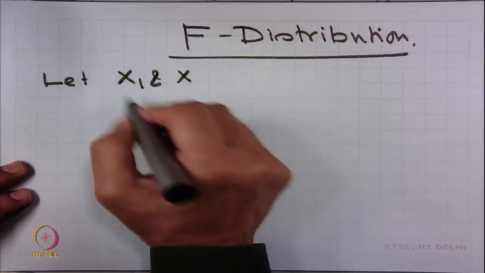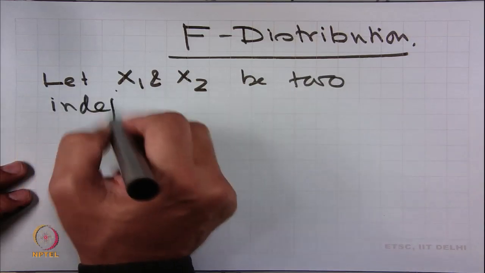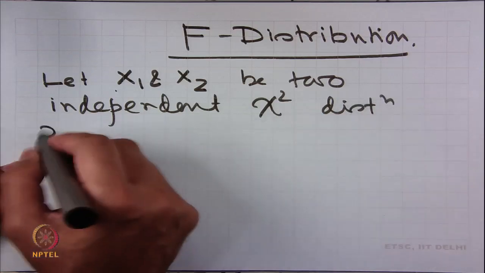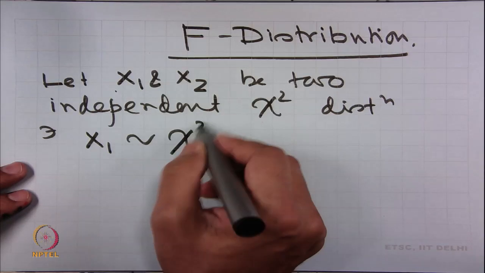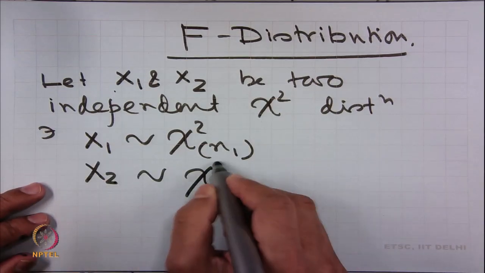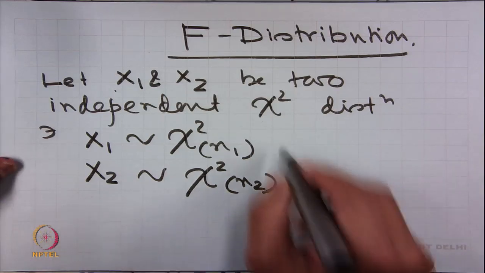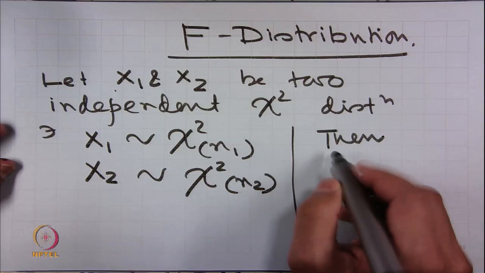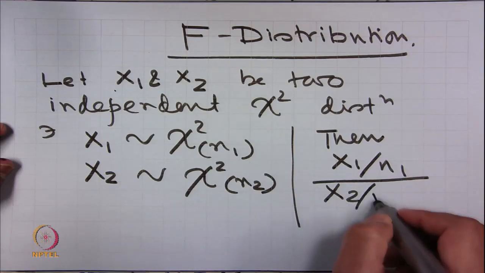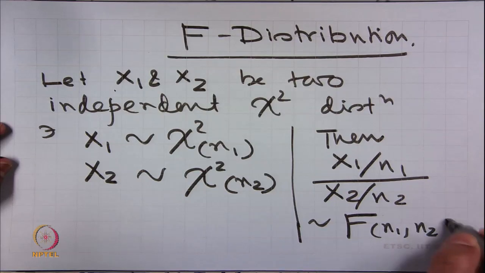Let x1 and x2 be two independent chi-square distributions such that x1 is chi-square with n1 degrees of freedom and x2 is chi-square with n2 degrees of freedom, then x1 upon n1 divided by x2 upon n2 is called F distribution with n1, n2 degrees of freedom.